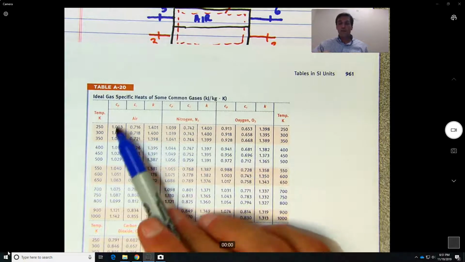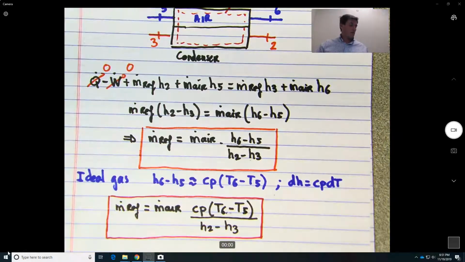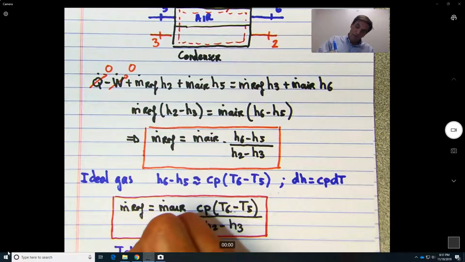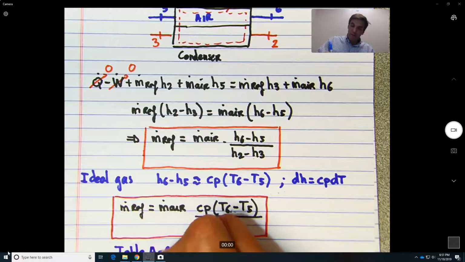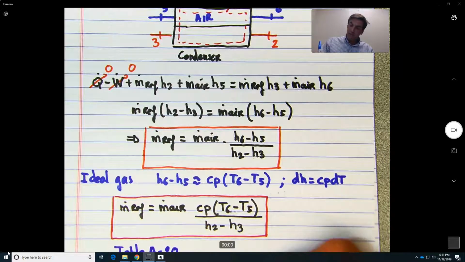So at 300, Cp is equal to 1.005 for air. So I can write down over here, table 820, at T equal 300 Kelvin, Cp is equal to 1.005. Okay, and the units are kilojoules per kilogram Kelvin.